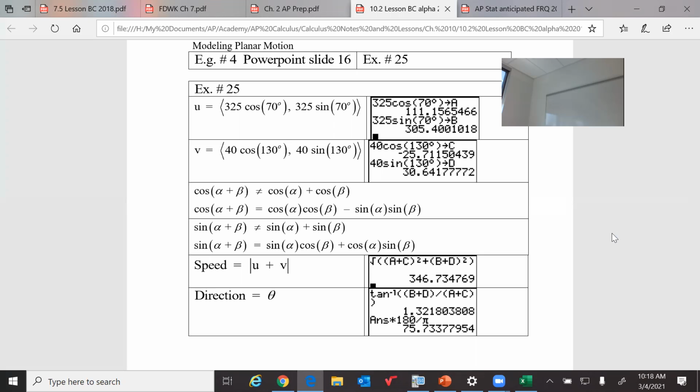So we went over here and said, for the speed, I did the square root of A plus C, the quantity squared, plus B plus D, the quantity squared, to get that component. And then the inverse tan of B plus D divided by A plus C. And that answer came out in radians. So I just multiplied it by 1 in the form of 180 over pi, which will reduce the pi out, and it will express your answer in degrees.